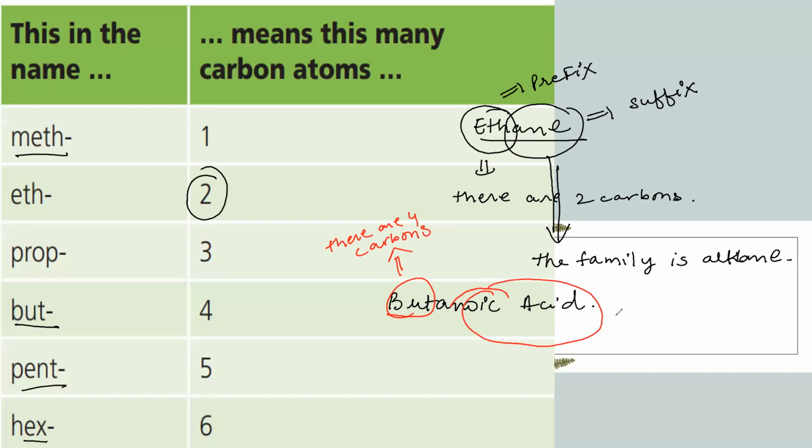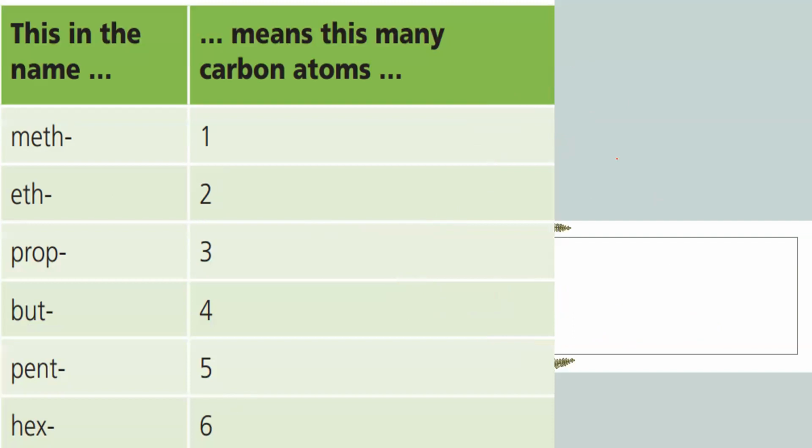So the family is carboxylic acid. Okay. I hope this is clear. Just try to learn these. Meth means 1, eth 2, prop 3, but 4, pent 5, hex 6. If a compound contains 6 carbons, the name would be hex.